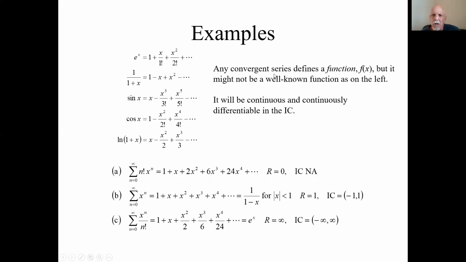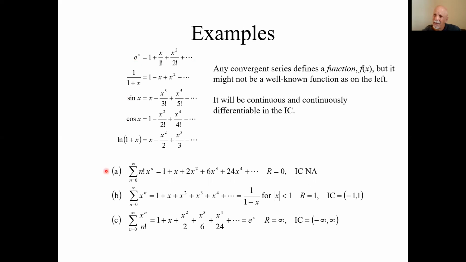Any convergent power series defines a function of x. And actually that function will be continuous and continuously differentiable on the interval of convergence. There are some power series that converge to well-known functions like e to the x, sine and cosine x, etc. But there are other power series that don't converge to anything that's going to look familiar to you.